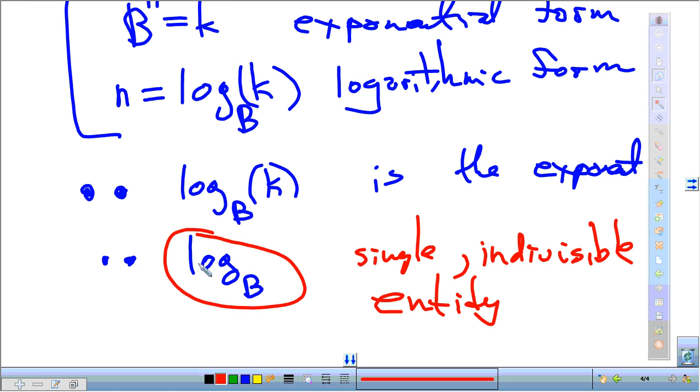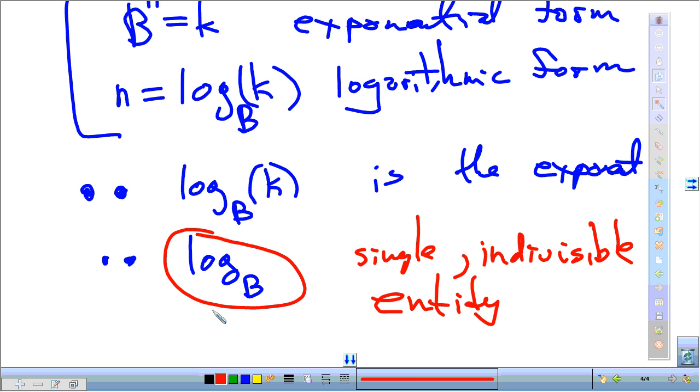It's not a juxtaposition of L times O times G or something of that sort. The sub b has nothing to do with powers. This is just a single, altogether name, which you can't take apart as separate symbols. So it is just a symbol that happens to have 4 parts.